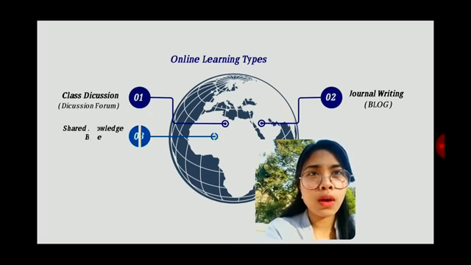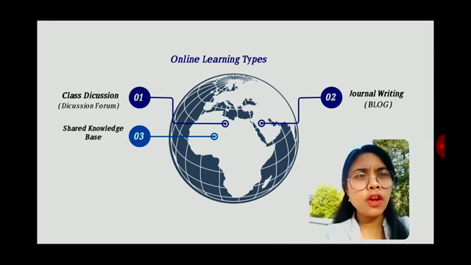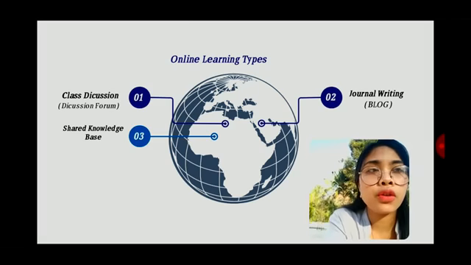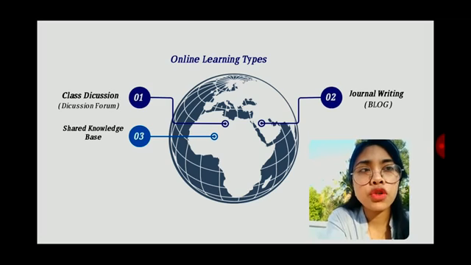The third one is shared knowledge base. Shared knowledge base is collaboration between students and the teacher, or between groups, to share their thoughts or ideas, and then construct them.